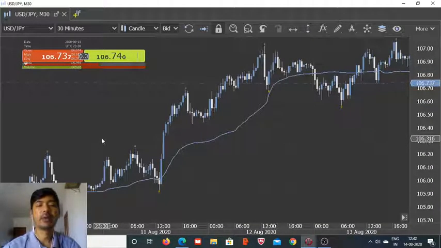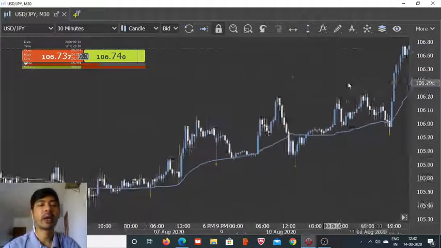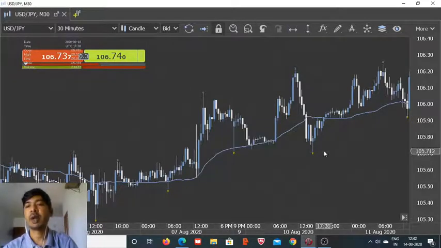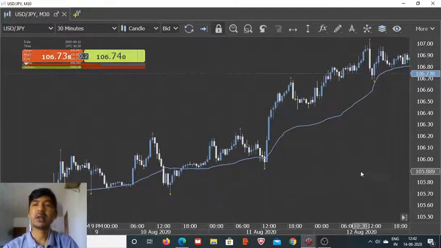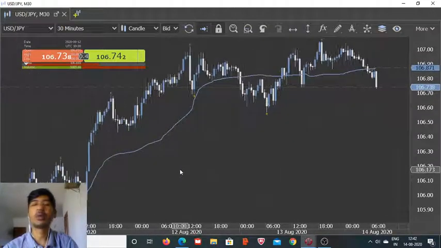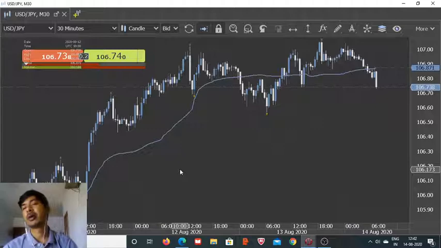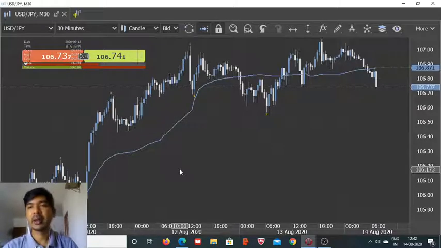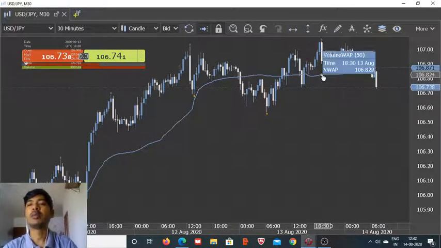So that way we can use it simply by looking at if the last candle has closed above or below this volume weighted average price, and since it is volume weighted, we also get to know what kind of volume is happening right now, and we will see that every day the volume calculation is started afresh.